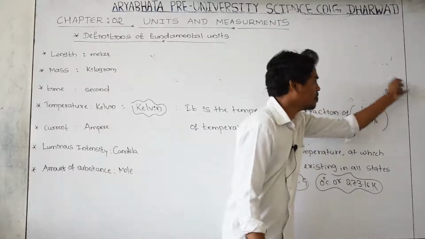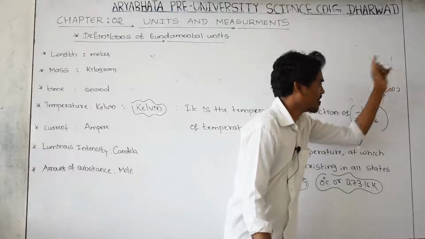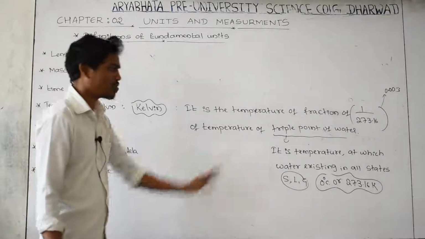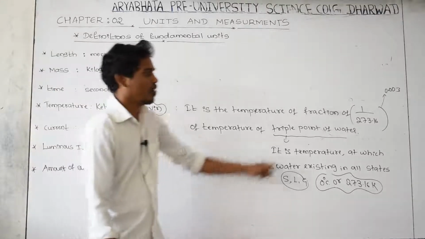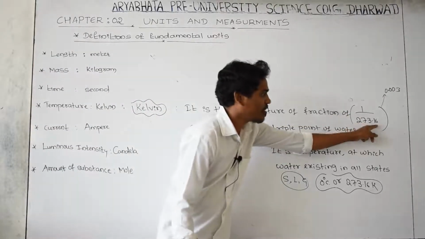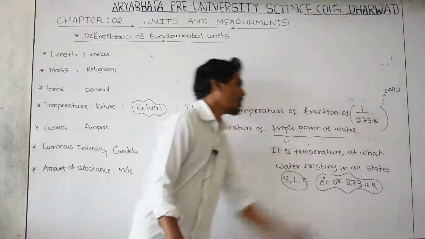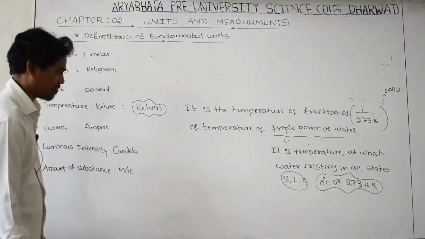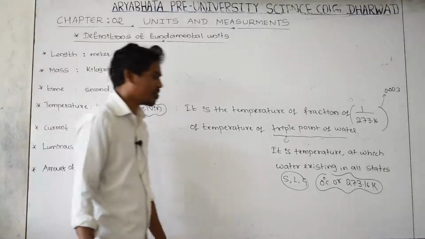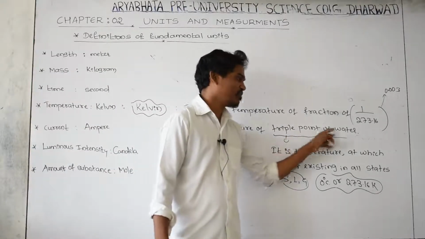This is almost 0 degrees Celsius. We are going to call it a Kelvin. 1 by 273.16, this answer we are going to call 1 Kelvin in order to measure temperature as an SI unit. And don't get confused here, what do you mean by triple point of temperature?